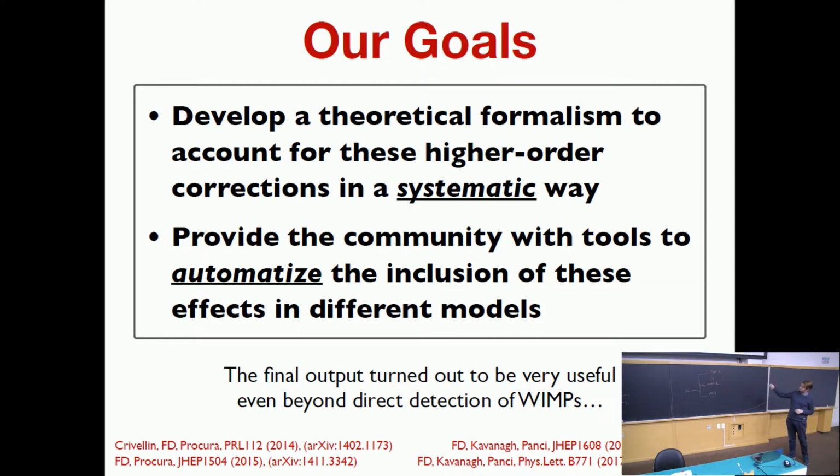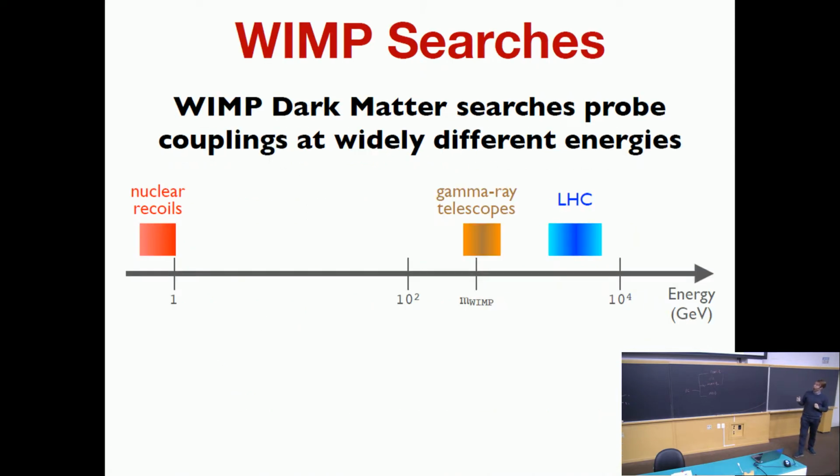So instead of following the chronological order, let me just give you a broad overview of the different dark matter searches and why this approach was useful. Okay, so we know that for WIMP dark matter searches, there are different kinds, and by different kinds I do not only mean different experiments looking for the same type of process.